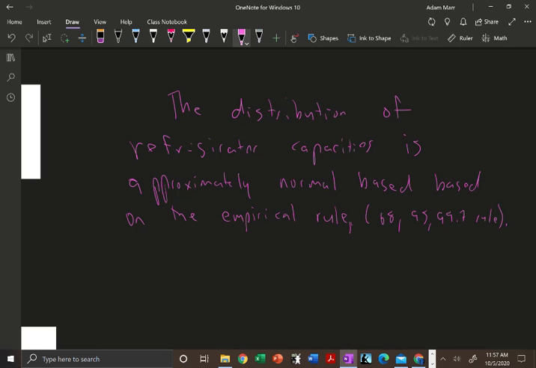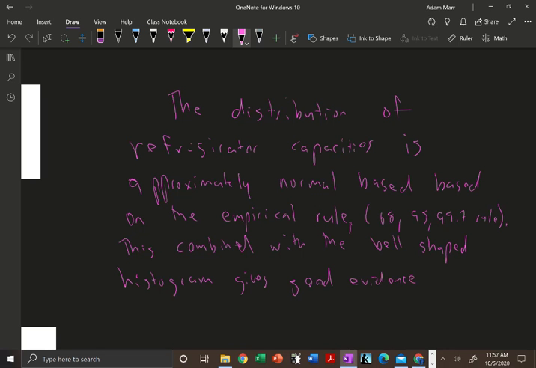This, combined with the bell-shaped graph, or bell-shaped histogram, gives good evidence that the distribution is approximately normal.